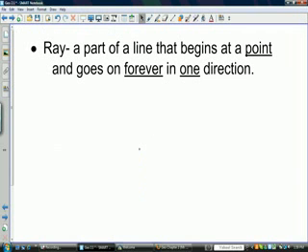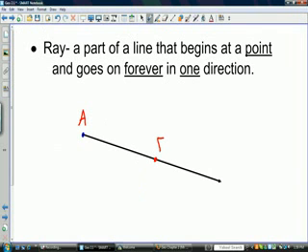Now a ray is a part of a line that begins at a point and goes forever in one direction. So I'm going to start a point here, and then in one direction I'm going to go down here forever. So we can name this point A and F. Now the ray is going to be named AF like this.